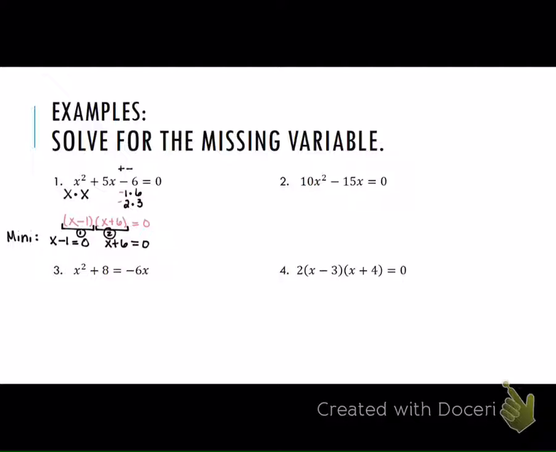So you guys notice it's the pieces that are being multiplied that create the mini equations, right? So we have x equals and x equals. So our answers are negative 6 and 1.